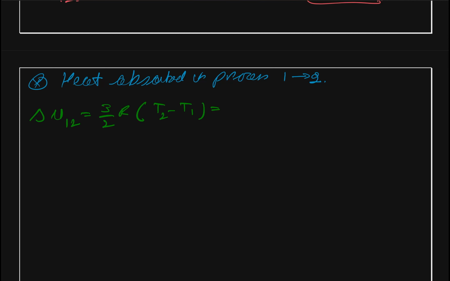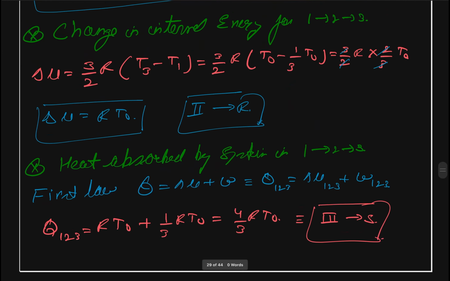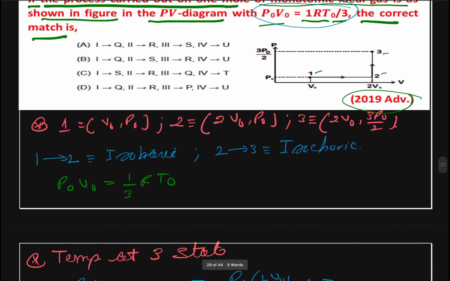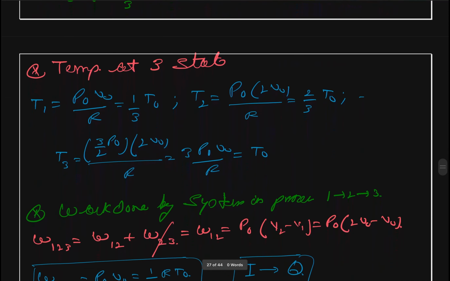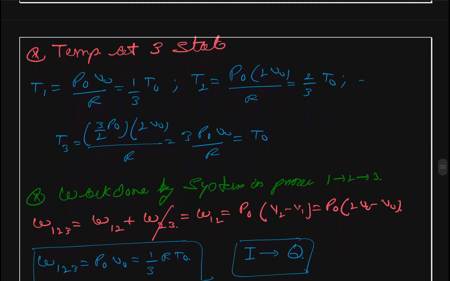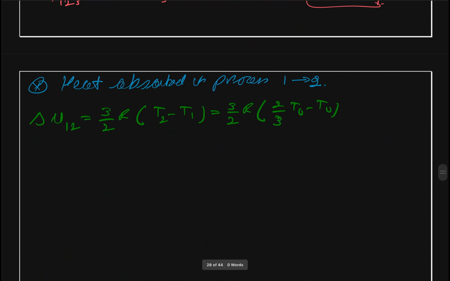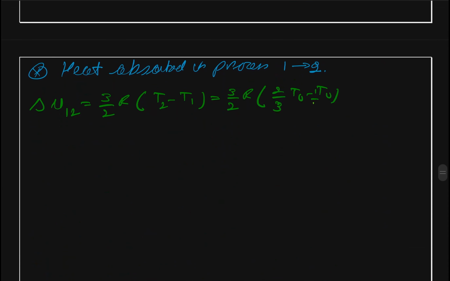So we get 3 by 2 R, and this is 2 by 3 T0 minus 1 by 3 T0. Sorry, minus 1 by 3 T0. The temperatures are 2 by 3 and 1 by 3, so it is 1 by 3, and the 3 cancels out, so we get 1 by 2 R T naught.